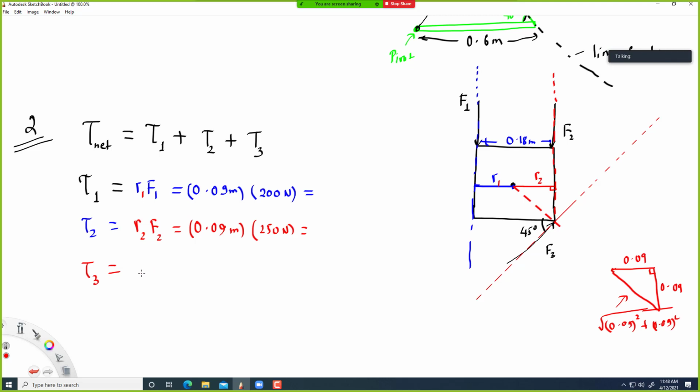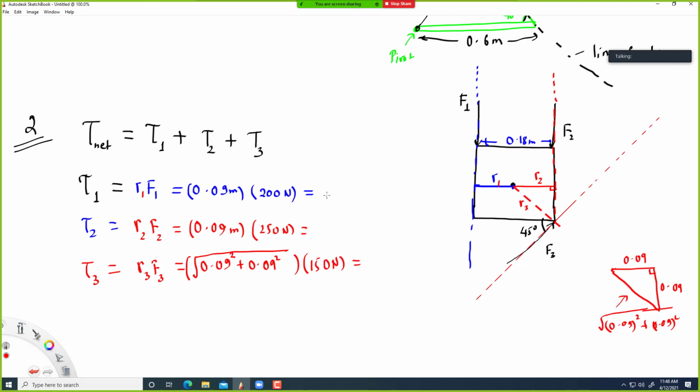So square root of, let me first write the symbolic thing. So R3 F3, square root of 0.09 squared plus 0.09 squared, and the force is 150. That will give you T3 or torque 3.